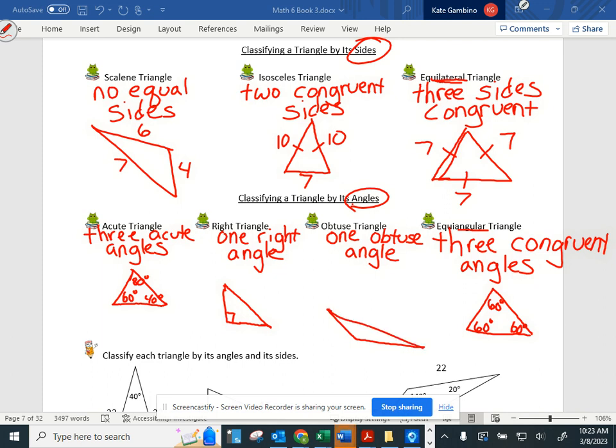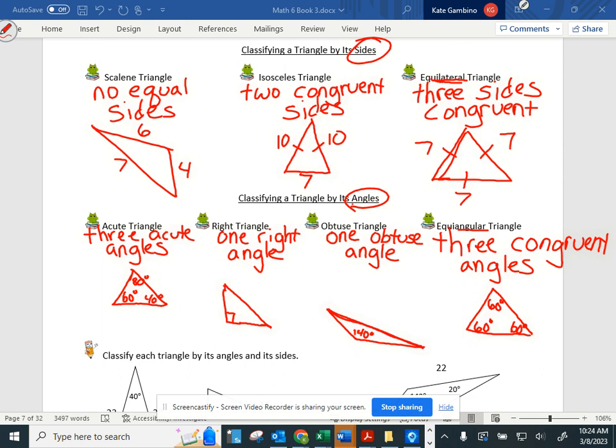So an obtuse triangle has one obtuse angle, so it is bigger than 90 degrees. The other two have to be acute, otherwise it wouldn't be a triangle. A triangle can only equal 180 degrees. So if we're over that 90 degrees for one of our angles, we can't have another one that's over 90 degrees, because then it would be bigger than 180 and it wouldn't be a triangle.